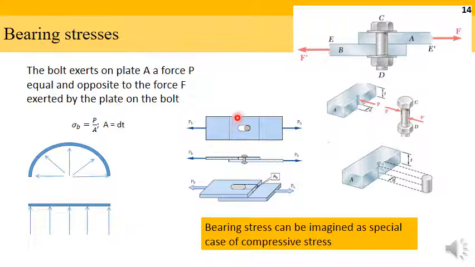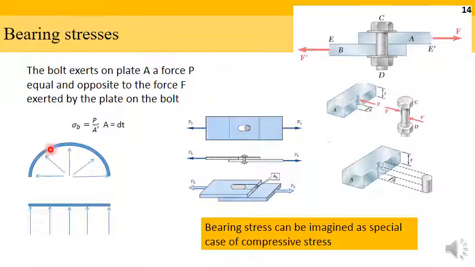So what is causing this damage in this plate? What is causing the hole of the plate to increase? This is bearing stress. How do we calculate bearing stress? We do the following. Imagine now we are looking at this part of the plate. This is subjected to normal load at every point as shown in this figure.